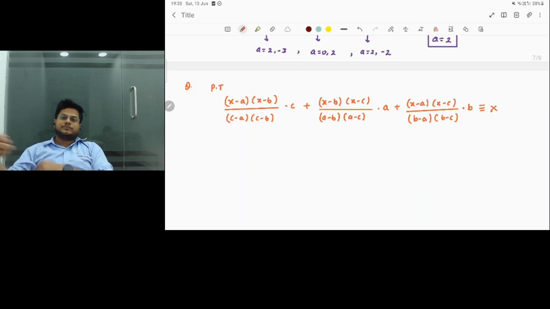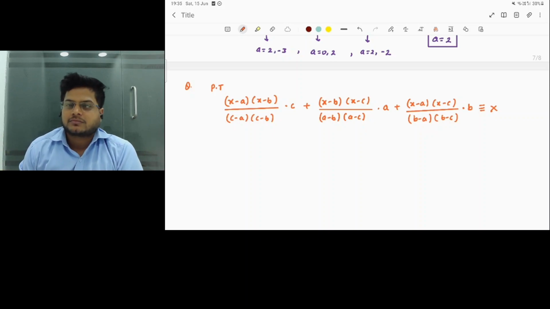What is the question? The question is to prove that the left hand side is equal to the right hand side.